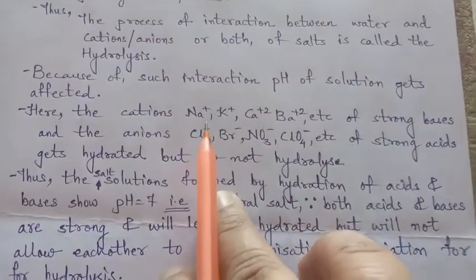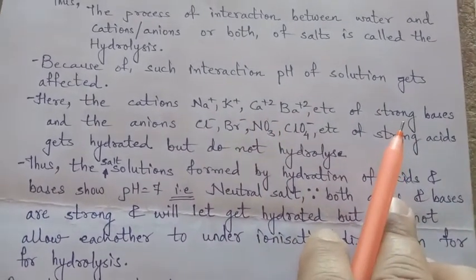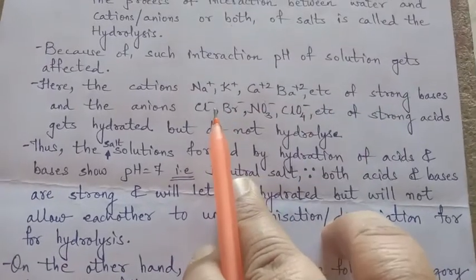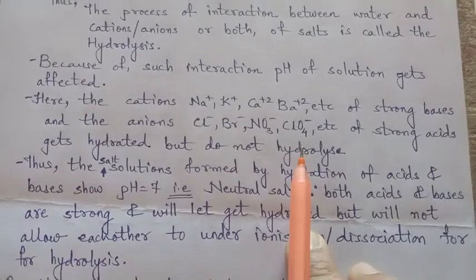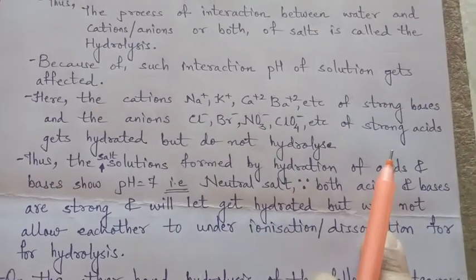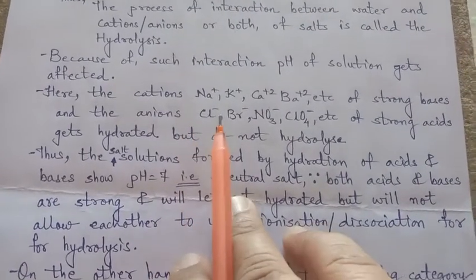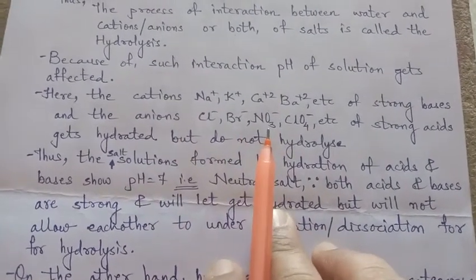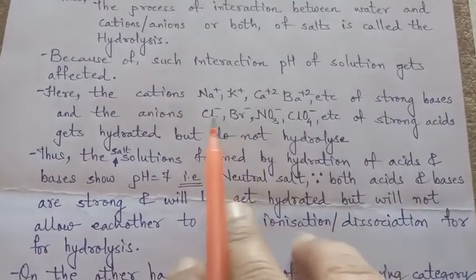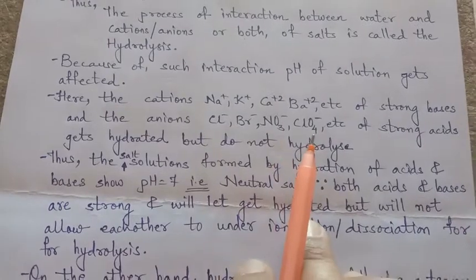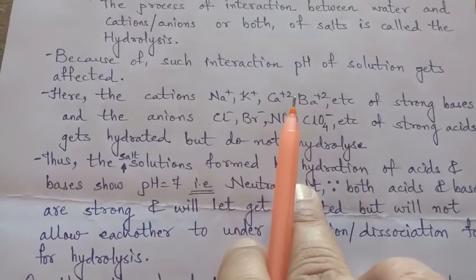The cations Na plus, K plus, Ca 2 plus, Ba 2 plus are considered as coming from strong bases, whereas Cl minus, Br minus, NO3 minus, ClO4 minus are the anions of strong acids, because they come from hydrochloric acid, hydrobromic acid, nitric acid, and perchloric acid. These are in the negative ionization and those are in the positive ionization.